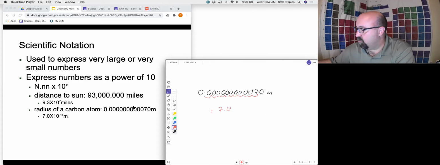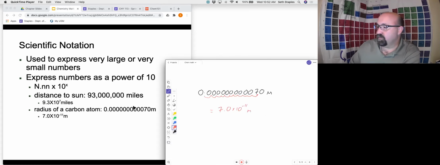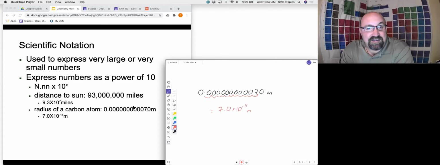And so we get 7.0 times 10 to the negative 11th meters, because we moved our decimal point over to the right. And so it's going to be negative 11. And so that's scientific notation.